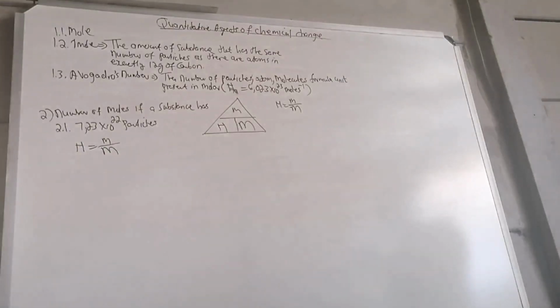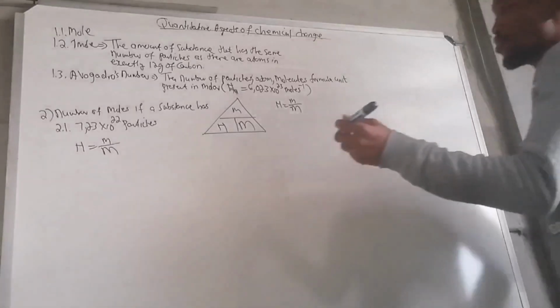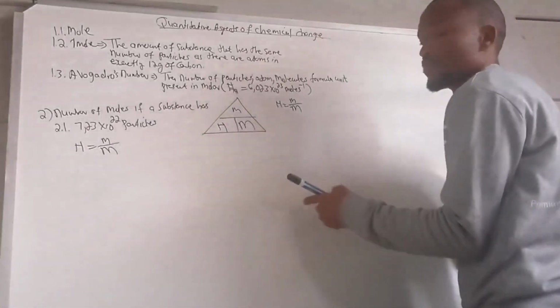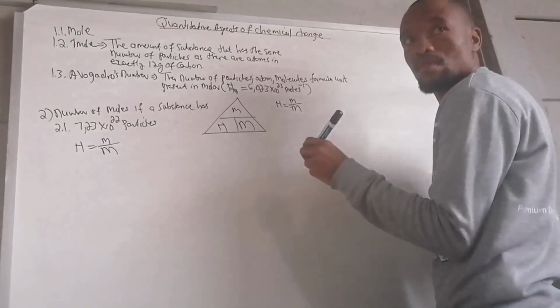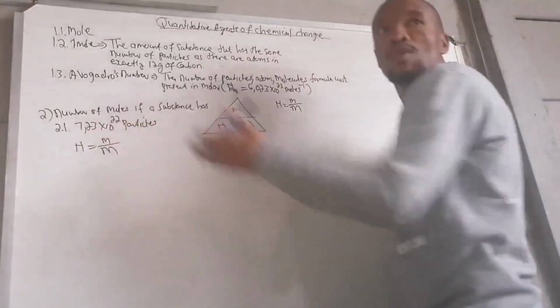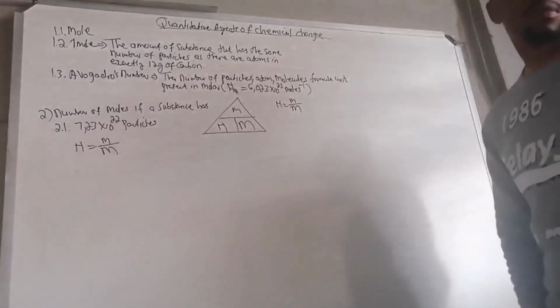Calculate the number of moles if a substance has 7.23 times 10 exponent of 22 particles. Which other formulas were given when it comes to this? We can't use this formula to solve this problem.